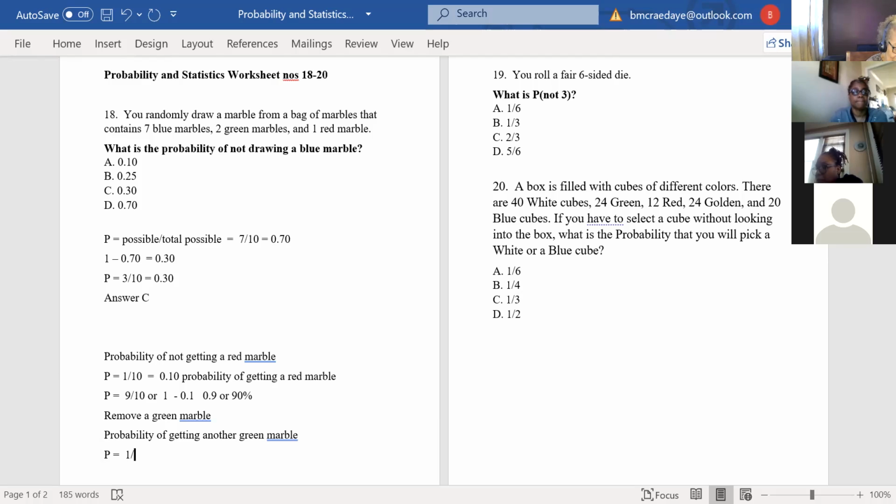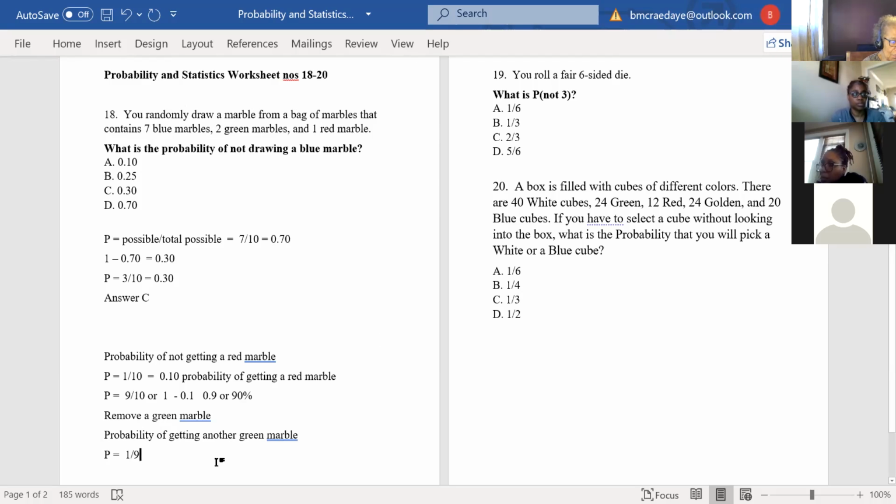Very good. 1 over 9, because I took out a green. So now my greens are down by 1 and my total is down by 1. So you don't put the 10 in again. I had 7 blue, 2 green, 1 red. If I remove a green, I have 7 blue, 1 green, 1 red, for a total of 9. So the probability of getting another green, if I take a green out, will be 1/9.